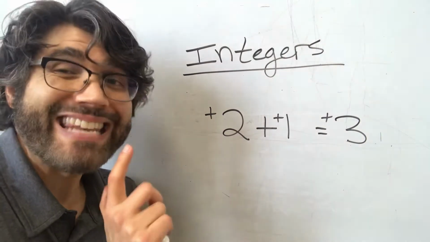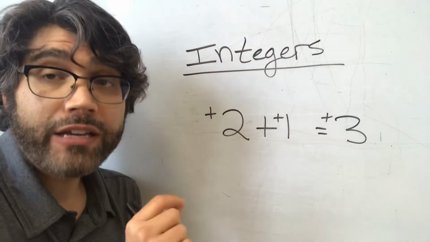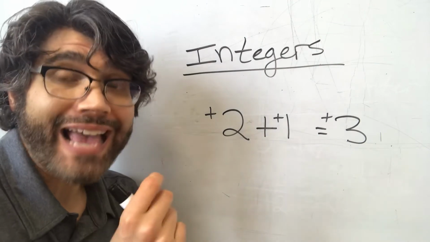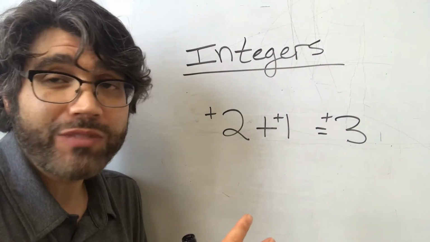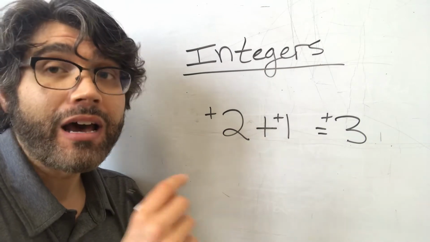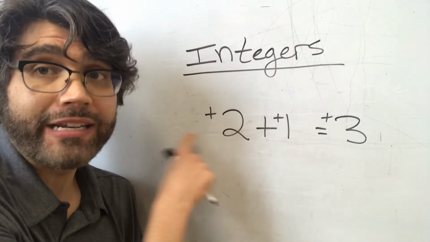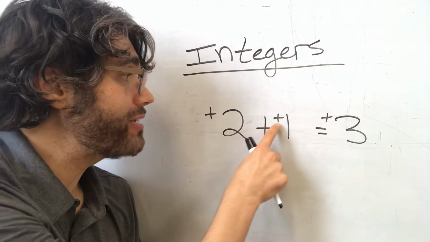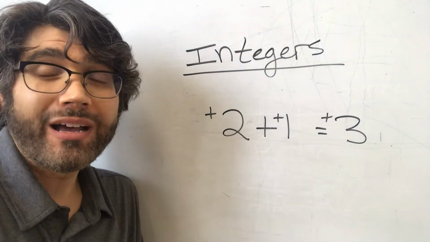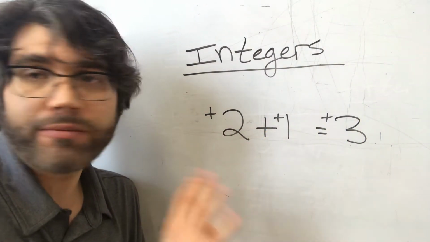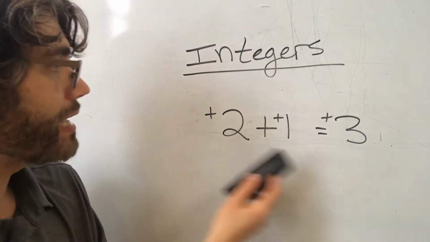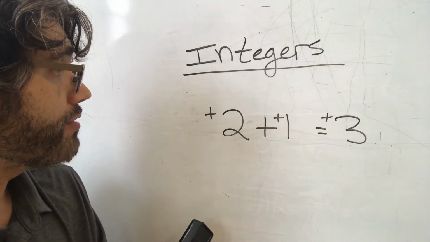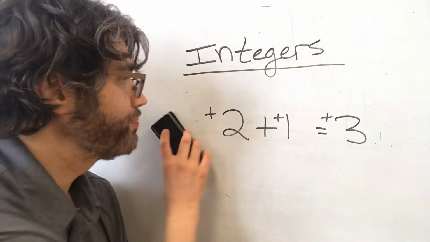When you come to negative numbers though, negative integers are going to have the negative symbol in front of it. Just don't assume that it's going to be a negative number unless there's a negative sign in front of it. So while for positive numbers it's optional to put the positive sign, for negative numbers you have to have the negative. So let's just represent this in terms of, how about poker chips?